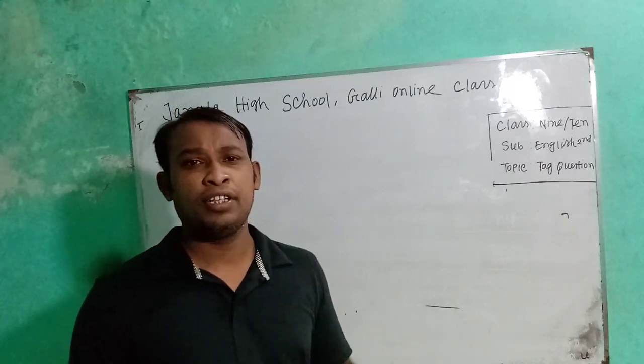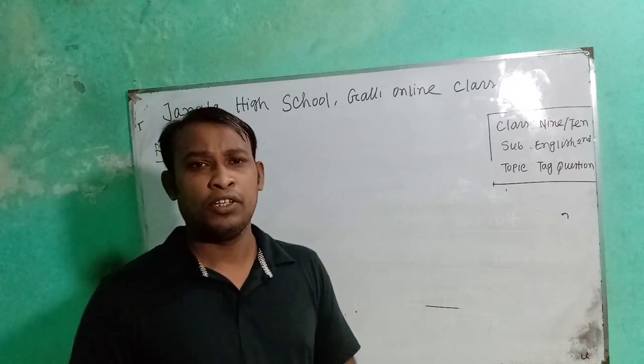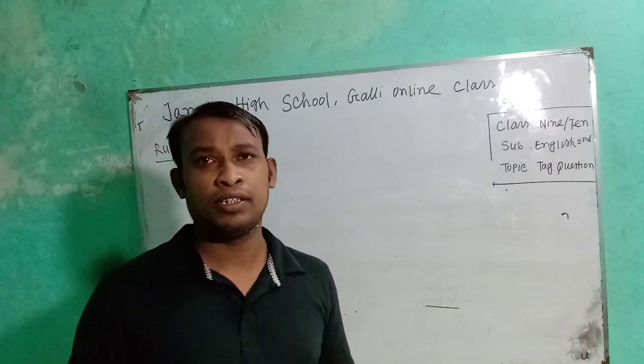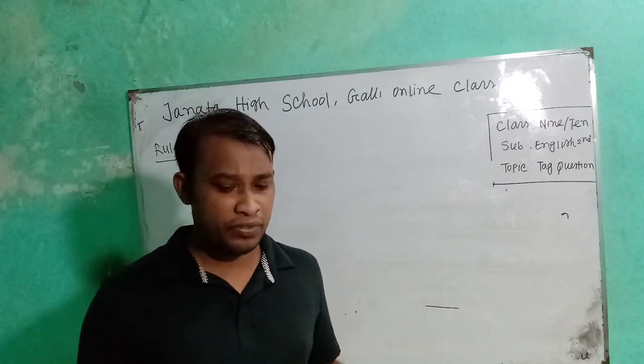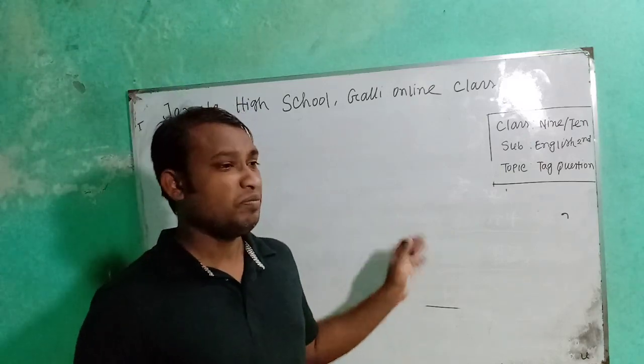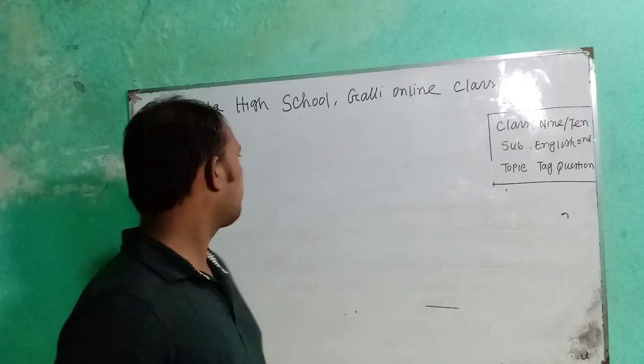And if we find anything or animal as subject, we have to use it. And if the subject is plural number, we have to use they. Now, I think we have understood it clearly.